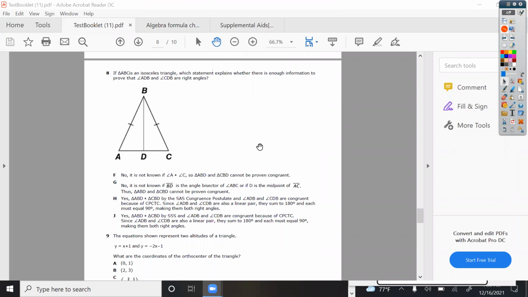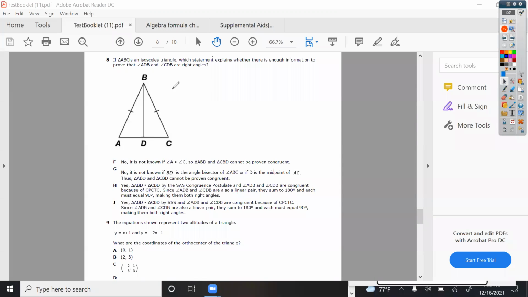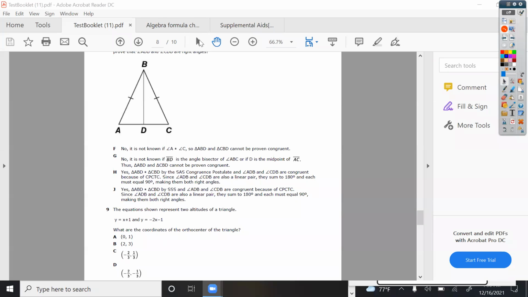If ABC is an isosceles triangle, which statement explains whether there's enough information to prove that ABD and CDB are right angles? Okay, so there's a couple of things that we would need to know in order to say that those are right angles. We would have to know that it was like a perpendicular bisector. We would have to know if it's a median, it would be perpendicular. We have a lot of stuff to prove specifically a right angle.